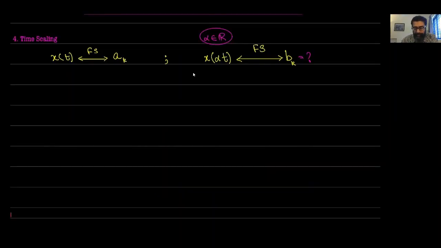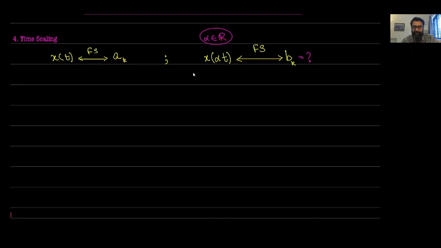So the next property we want to talk about is time scaling. Once again, if x of t is a periodic signal with period T and frequency omega naught, and it has a Fourier series decomposition with a sub k's, the question we want to answer is what happens to the Fourier series coefficients of the time-scaled version of x, that is, x of alpha t, where alpha is a real number.